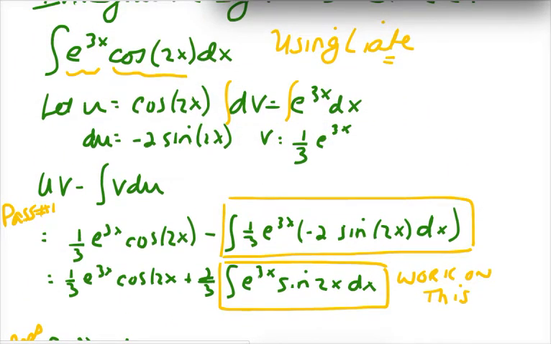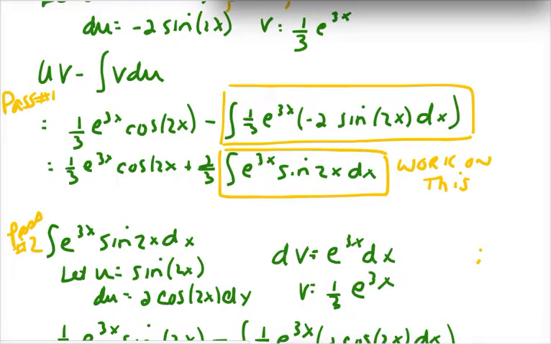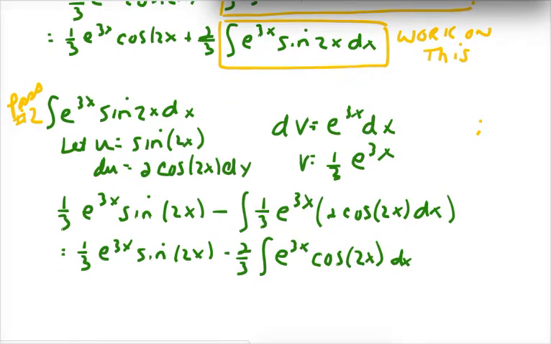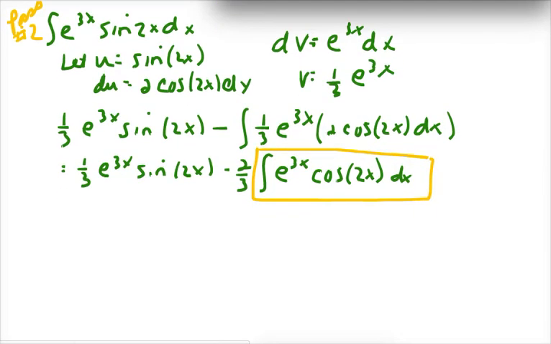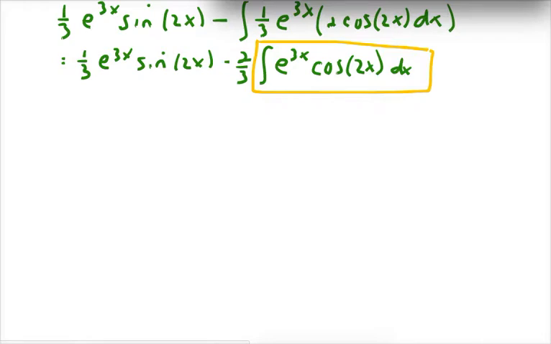We just ended up with the integral of e to the 3x cosine of 2x. And so that's exactly where we ended up. Okay, so we went round robin. So let's try and substitute and then perform a little bit of advanced algebra on this. It's not the kind of algebra that you're used to seeing, but it nonetheless is just simply algebra.